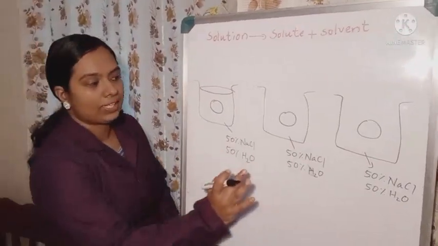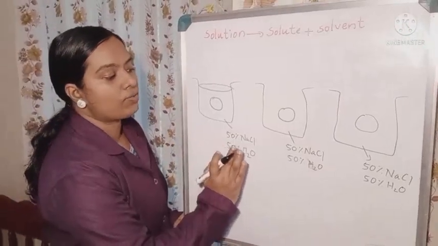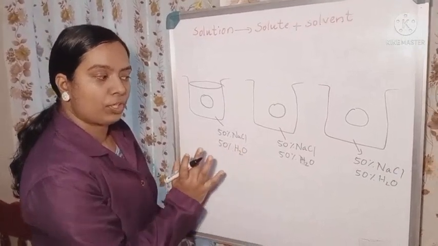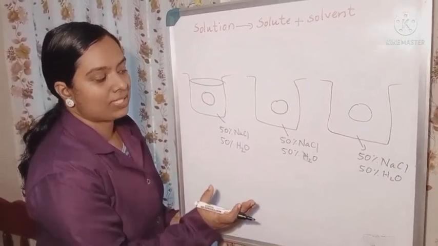So all the beakers contain the same amount of sodium chloride solution. That means 50% sodium chloride and 50% water.